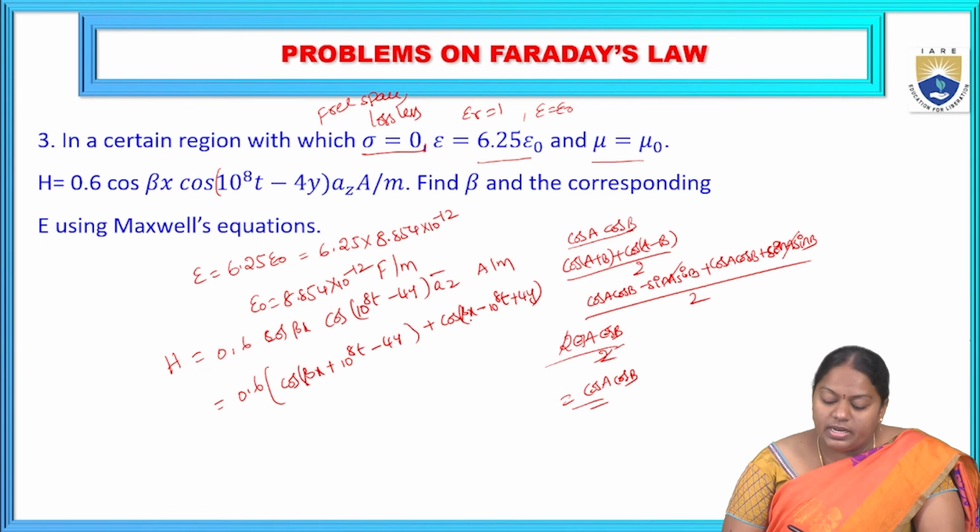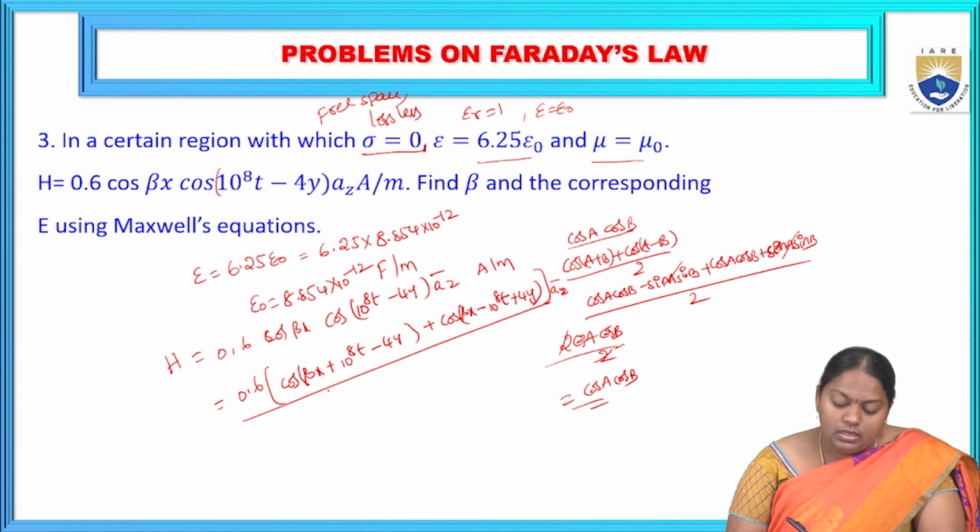Cos of beta x minus 10 power 8 t plus 4y, then the total into az, and this whole value is divided by 2.